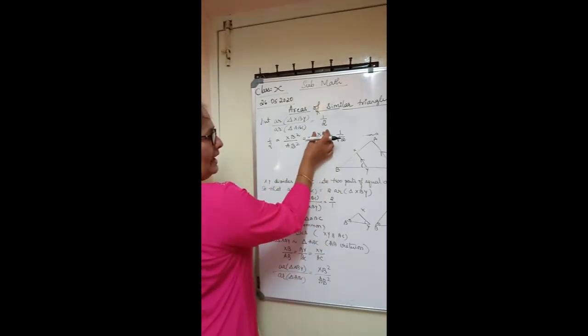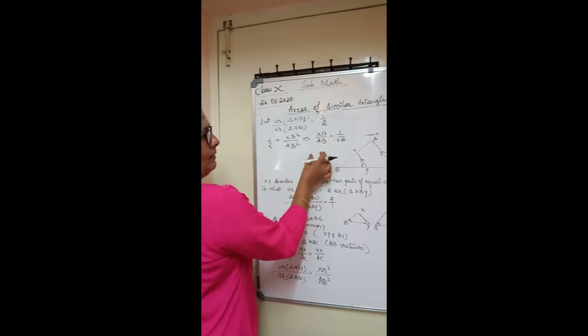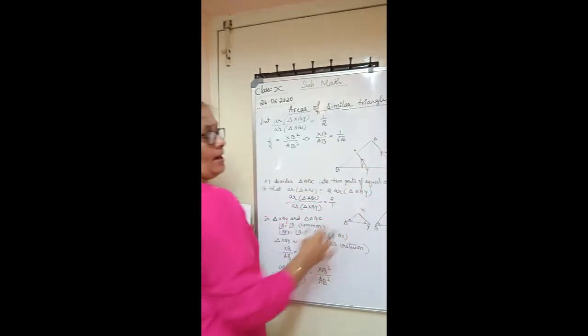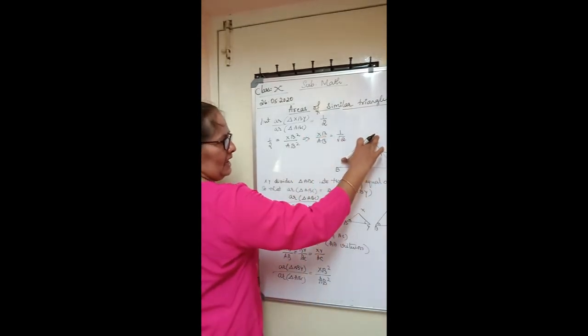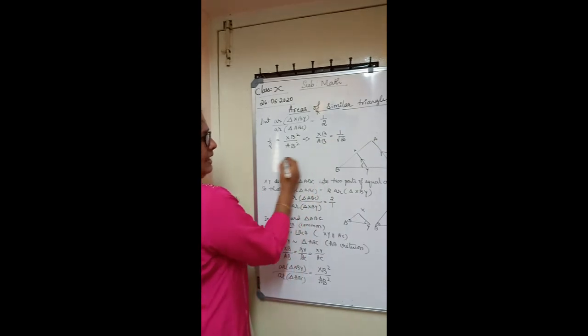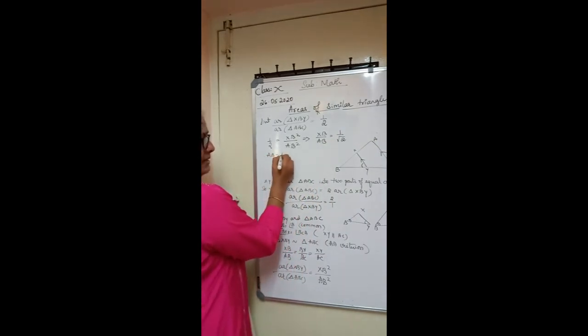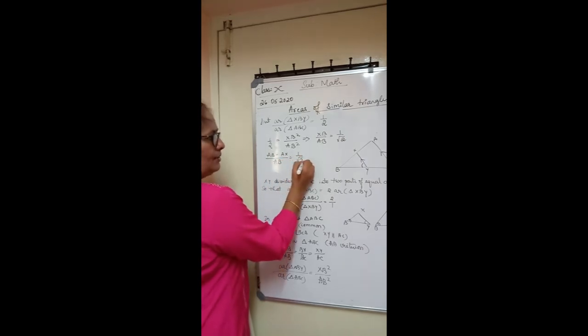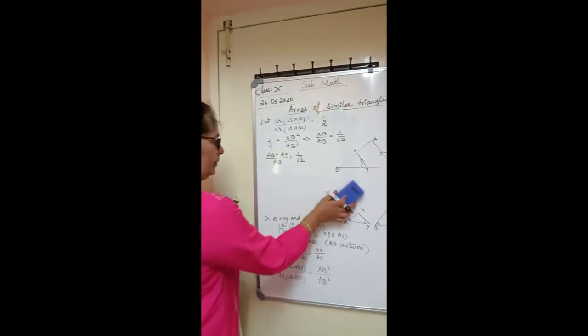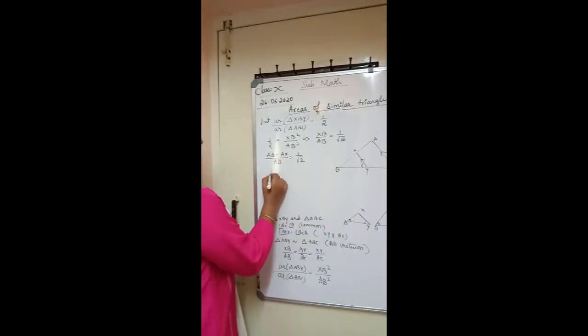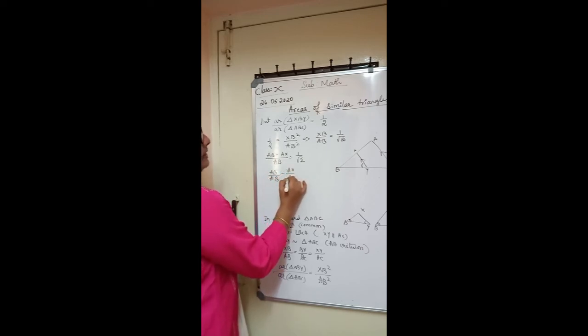Now, we don't want the ratio XB by AB. We want XA by AB. So XB can be written as AB minus AX. So AB minus AX divided by AB equals 1 by root 2. Now AB by AB is 1, minus AX by AB, equals 1 by root 2.